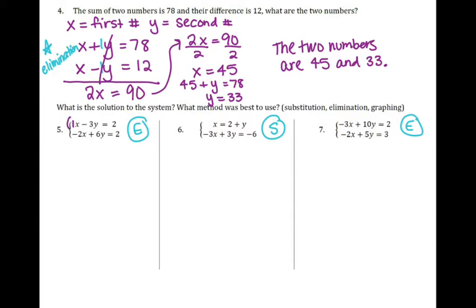So I can multiply this first equation by 2. That way, I have a positive 2x minus 6y equals 4 for my first equation. For my second equation, I can just rewrite what I have, and you'll notice my x's now have the same number and opposite signs, so they can eliminate.